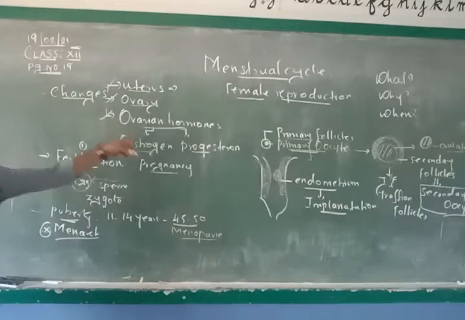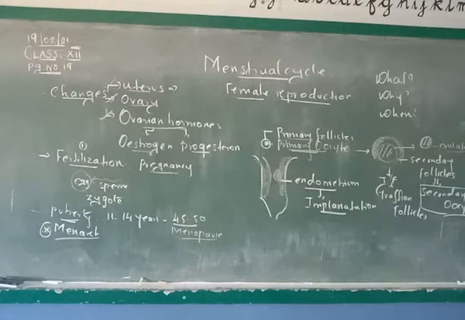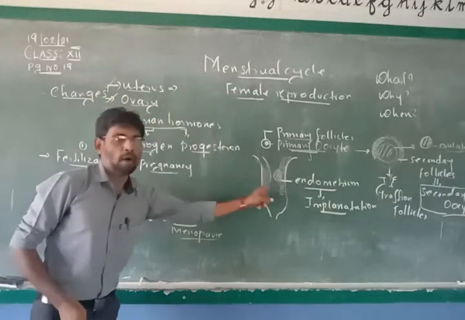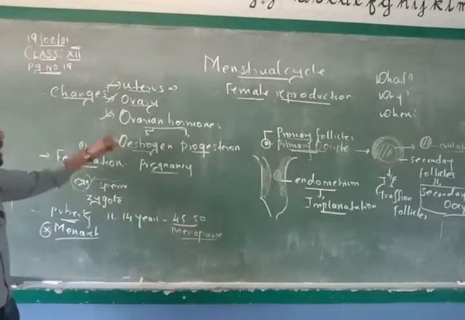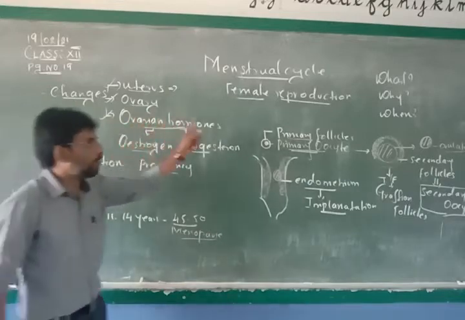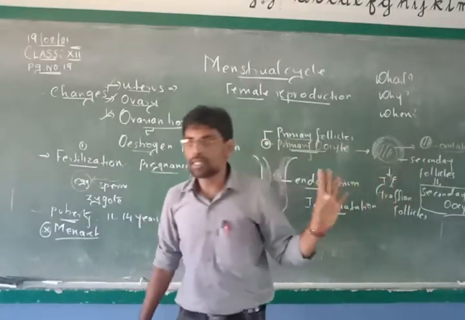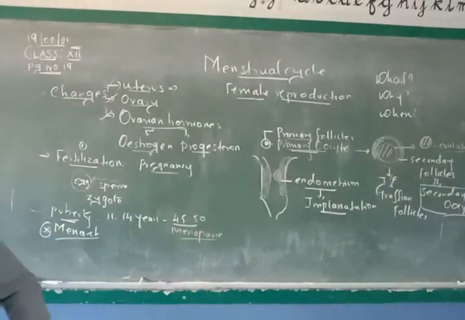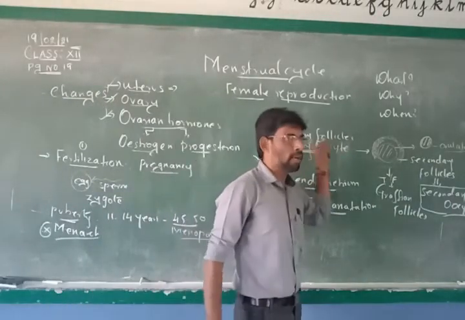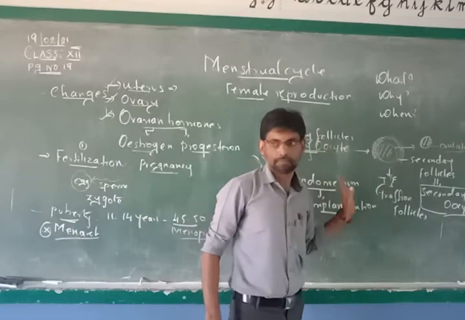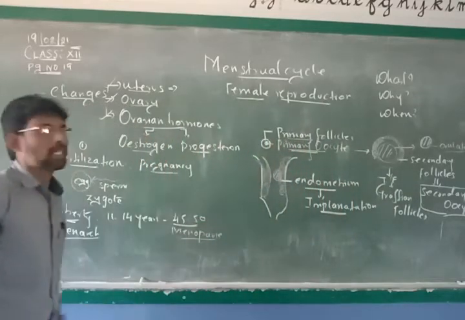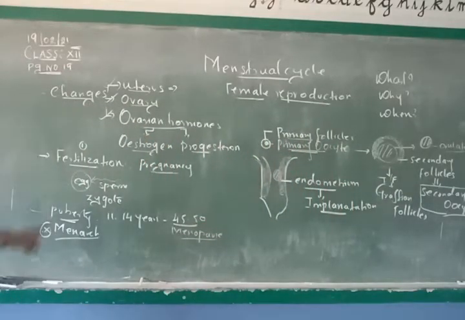So that is the change that takes place in the ovary. During the menstrual cycle, the change that takes place in the uterus is about the endometrium. The change that takes place in the ovaries is the development of primary follicles into secondary, tertiary follicles and Graafian follicle, by which time the ovum will have developed.